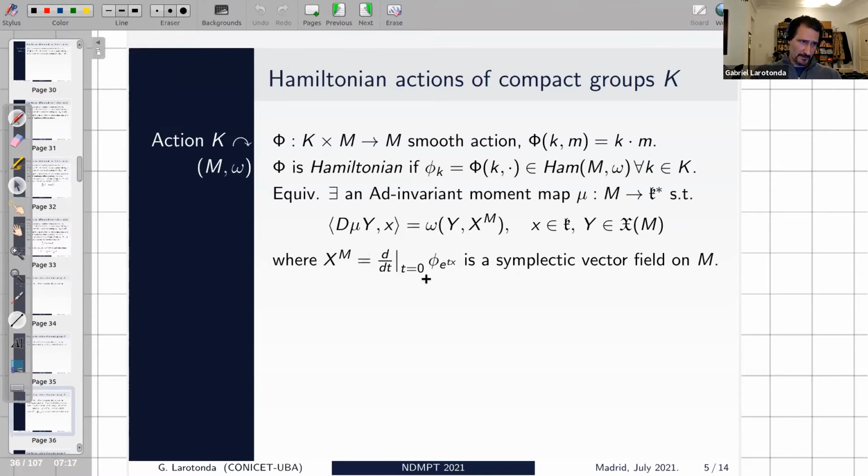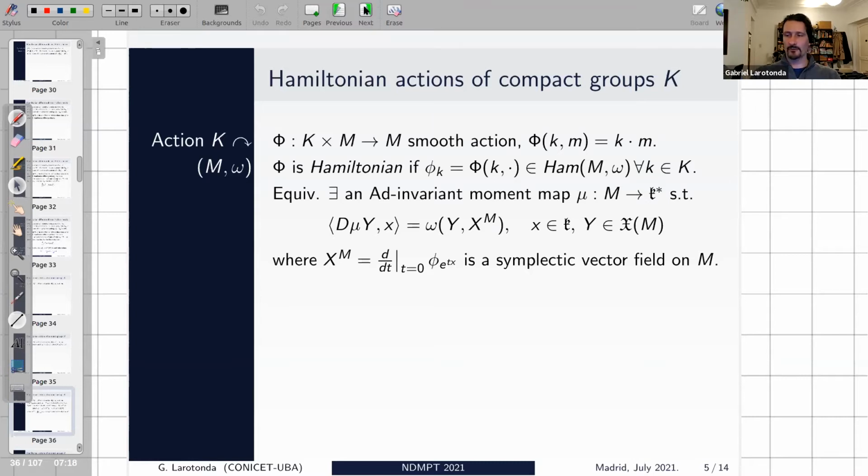Here you have, for each X in the Lie algebra, you consider the one-parameter group in K, you push it to the diffeomorphisms of M by means of this isotopy. This gives a family of elements in this group, and then you differentiate at t equal to 0, and you obtain a symplectic vector field. And this is the relation you want.